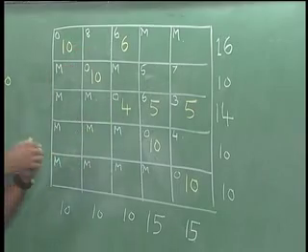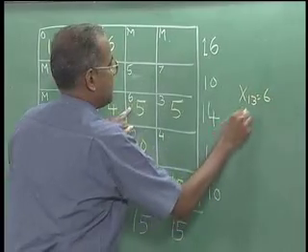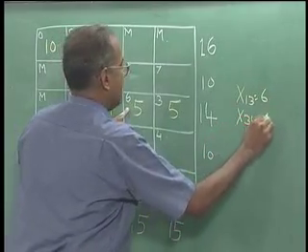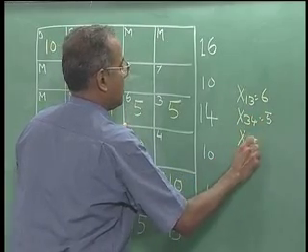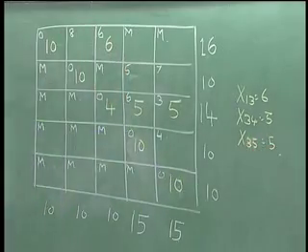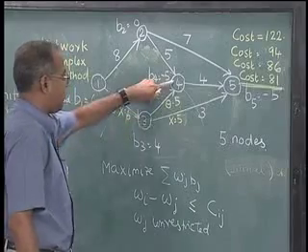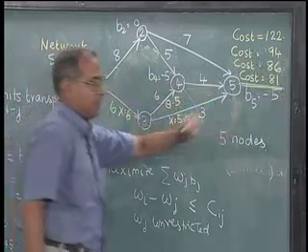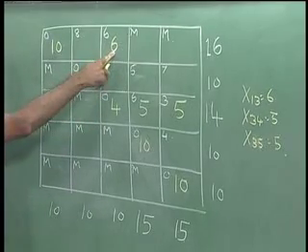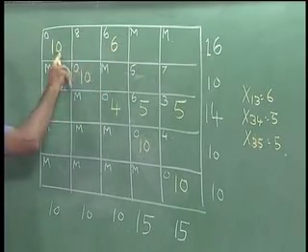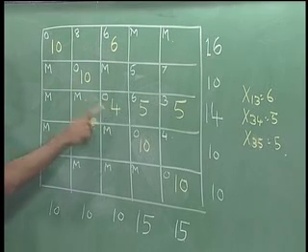The solution is straight away given here as x13 equal to 6, x34 equal to 5 and x35 equal to 5, which was actually our solution. Because X13 moves 6 from one supply point to another supply point, the diagonal automatically gets reduced by that quantity, so you get a 4 here.